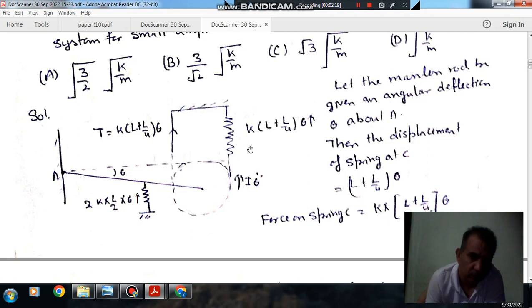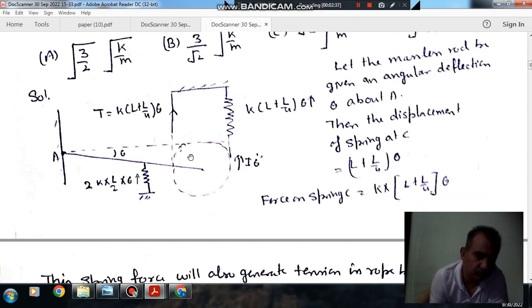As this spring is tied to this string, it will exert the same force, or same tension, in the string as that of the spring force. So the tension will be K into (L plus L by 4 theta). Now if we want to convert that dynamic problem into a static problem, we will introduce inertia torque, that is I theta double dot.